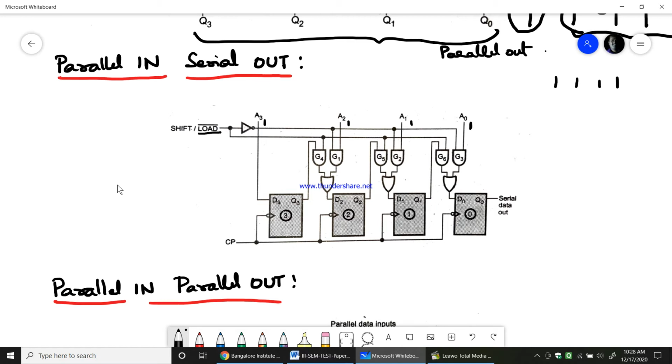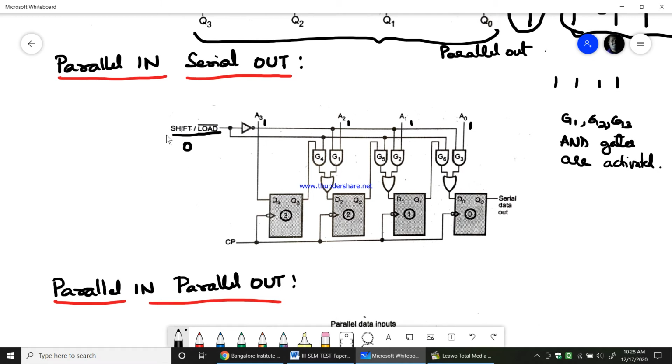The loading operation will work when the G1, G2, G3 AND gates are activated. Now when I give input 0 for the shift/load bar, shift will be 0.